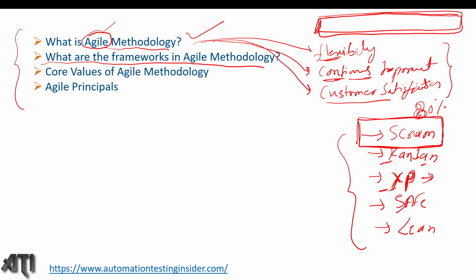And SAFe, there we use the agile principles and core values, and this SAFe framework is for large organizations. And then lastly we have the lean software development model, where we basically empower the team to develop good software. So these are the other frameworks, guys, and primarily we focus on the Scrum framework.